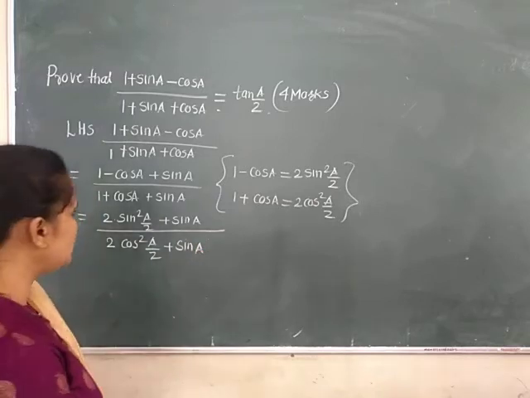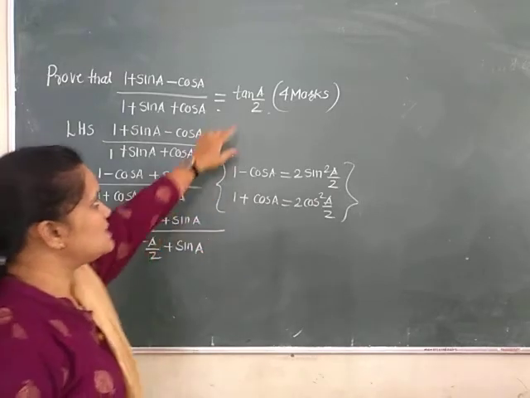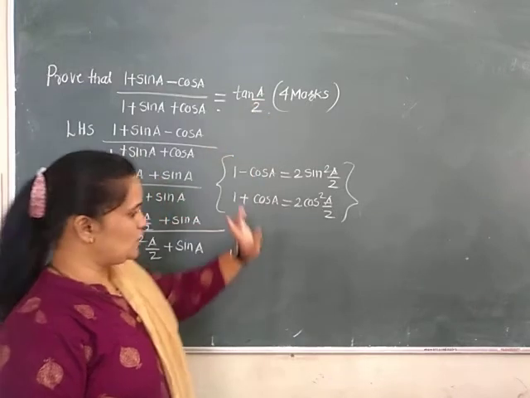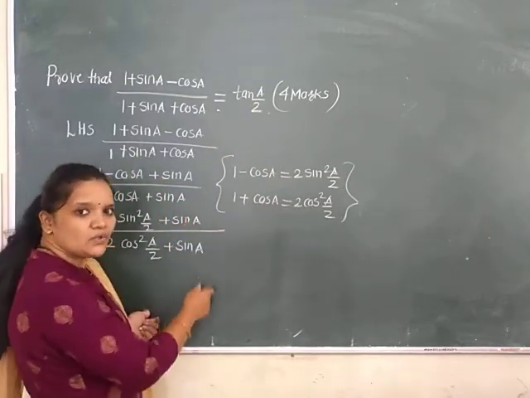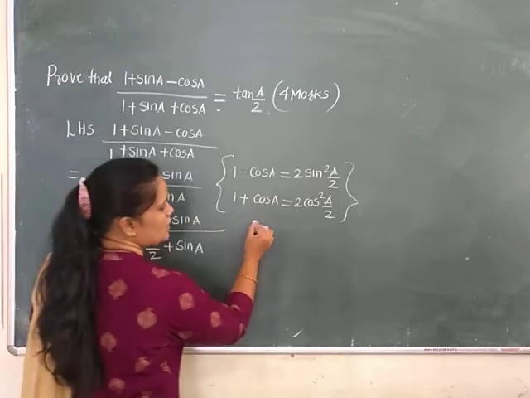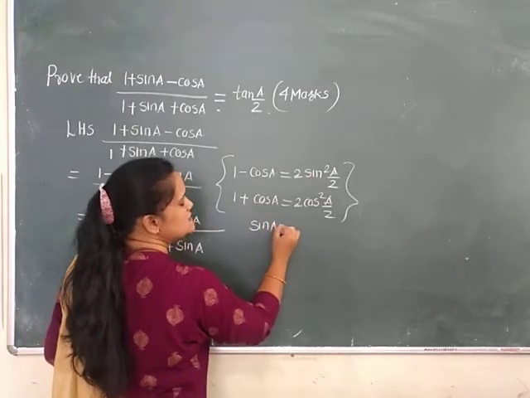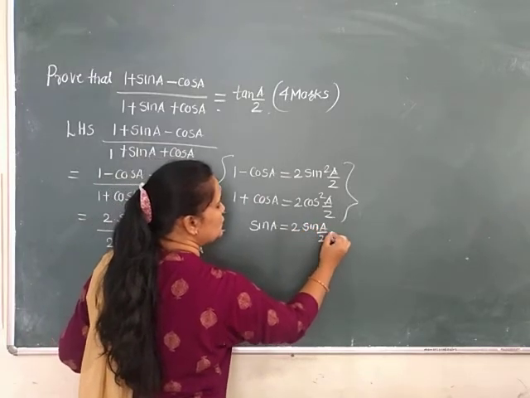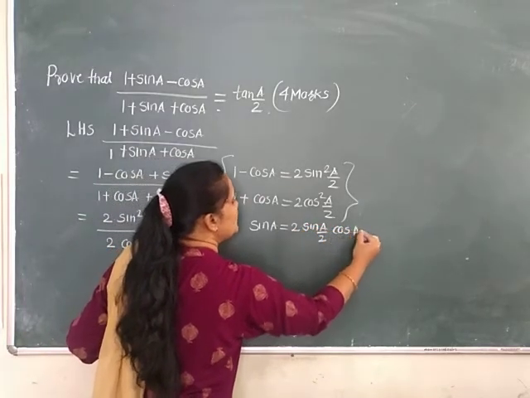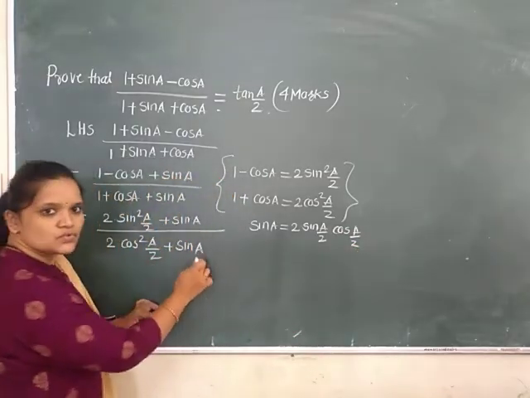Now in this question, if you observe, we want the answer in which angle? A by 2. So what we have to do is convert this sin A into the A by 2 angle. So I will use this formula: sin A is equal to 2 times sin of A by 2 into cos of A by 2 for these two terms.